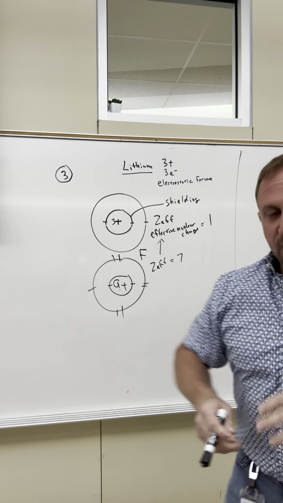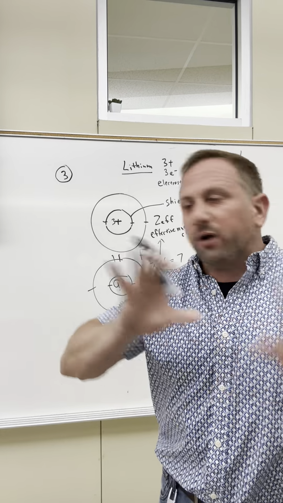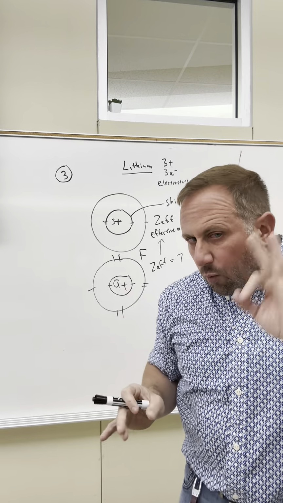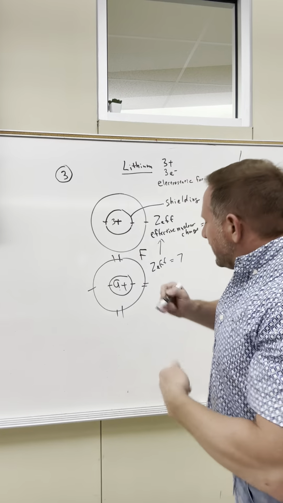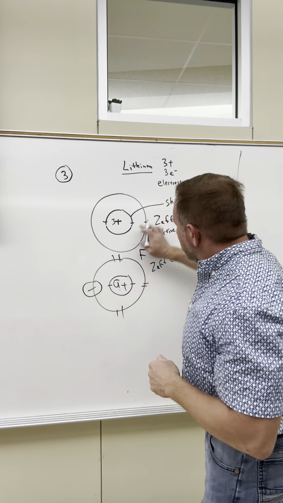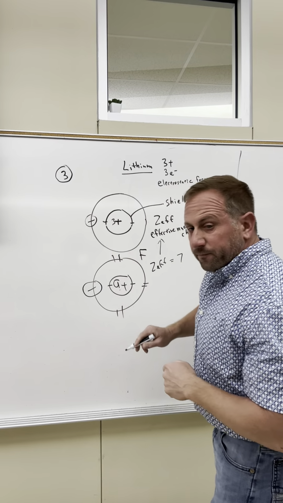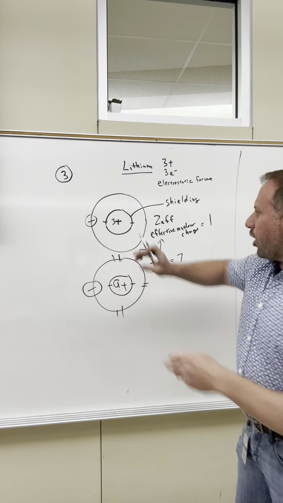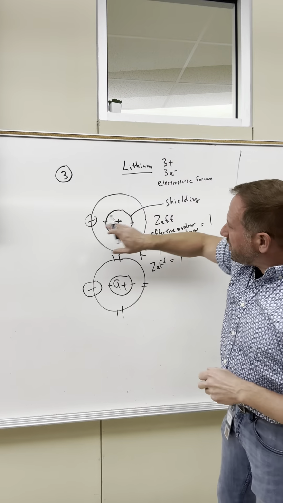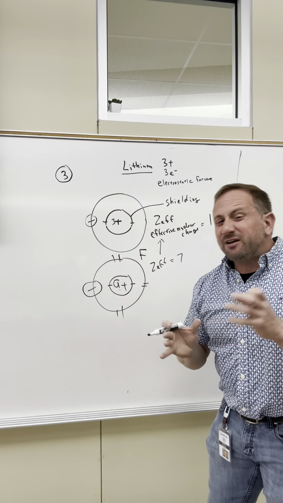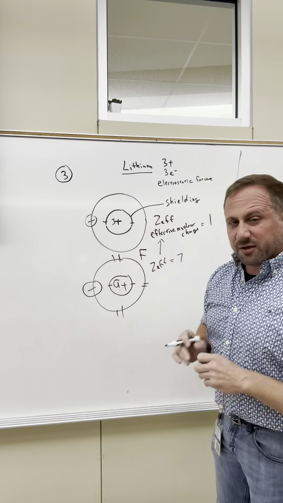And you go, okay, so what does it matter? Who cares? What does all this actually mean? What this means is that this electron here, let's go ahead and put this guy on the other side, and this electron here, both of them are being pulled in. But this guy is not being pulled in very well compared to this guy.